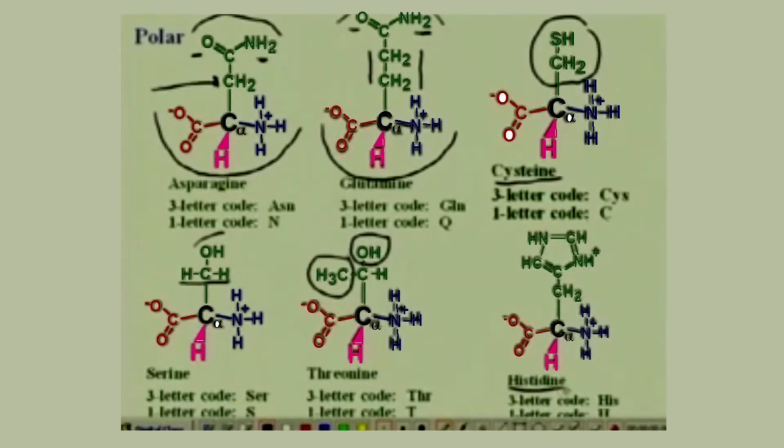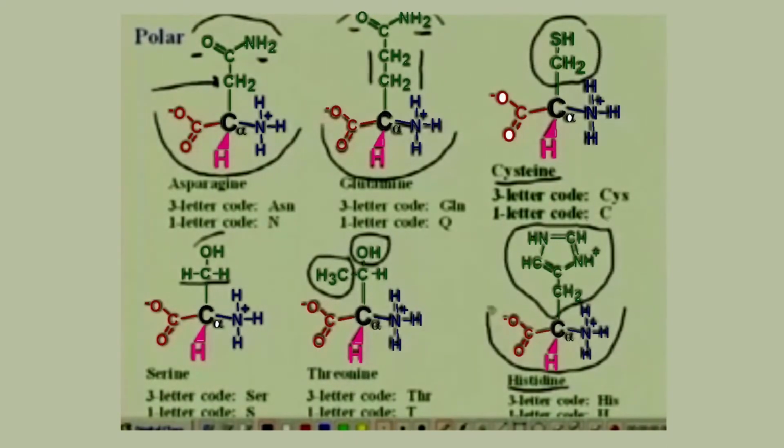This is histidine. Histidine is a very important amino acid which we will come across a lot when we consider the enzymes and the enzyme mechanisms, because of its specific polarity or specific properties of this side chain, that is an imidazole group.